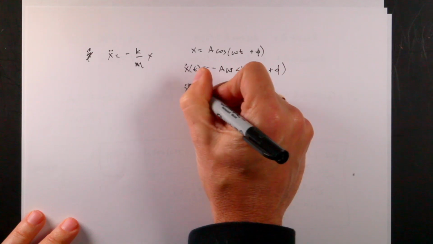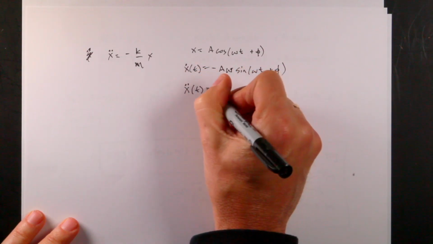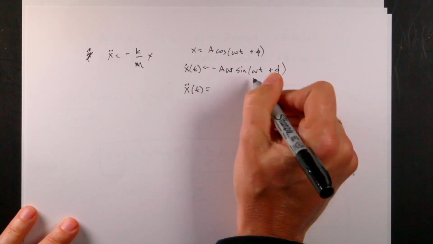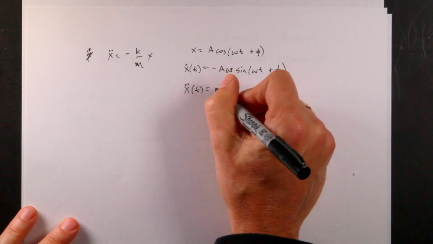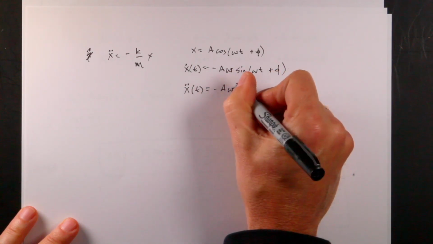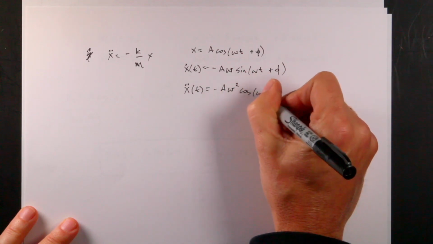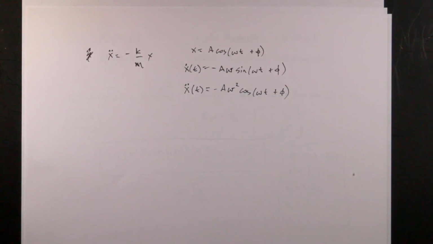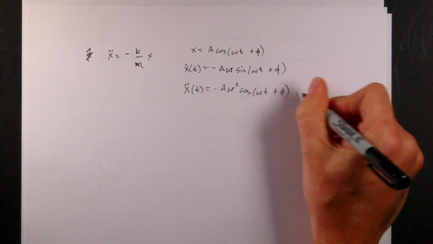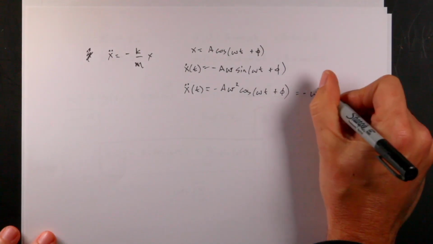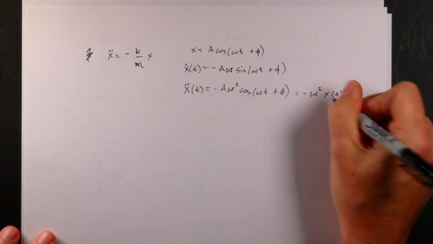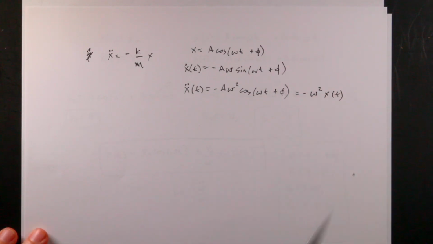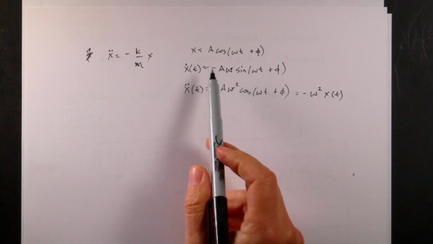The second derivative, x double dot with respect to time, is going to be negative a omega squared cosine omega t plus phi. So this is equal to negative omega squared times x. And so that is a solution, just like before. Okay, but we need to find how we're going to find a and phi.